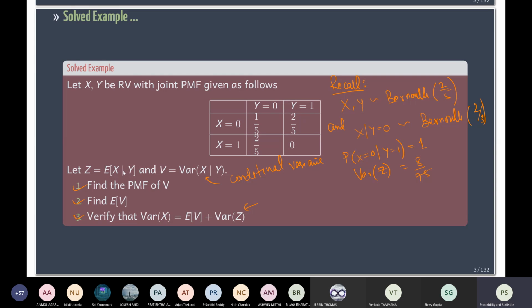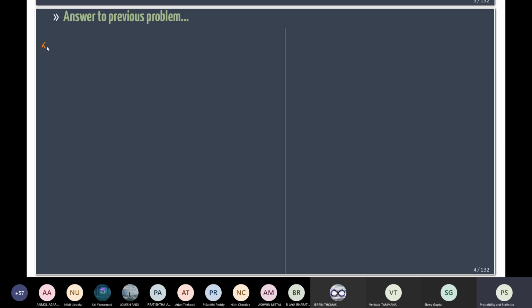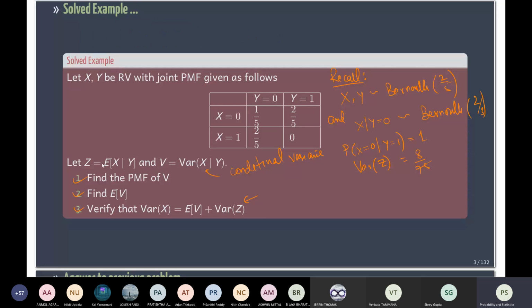To solve A, to find the PMF of V, we note that V is a function of Y, just like the conditional expectation.